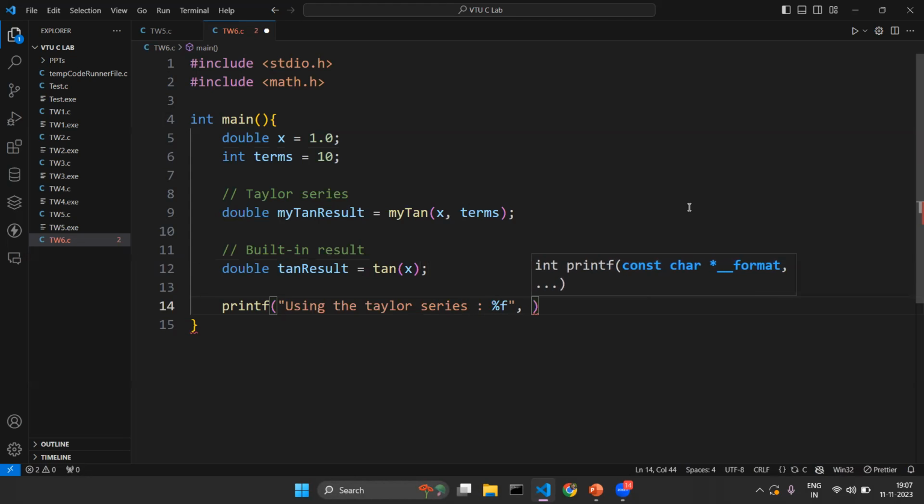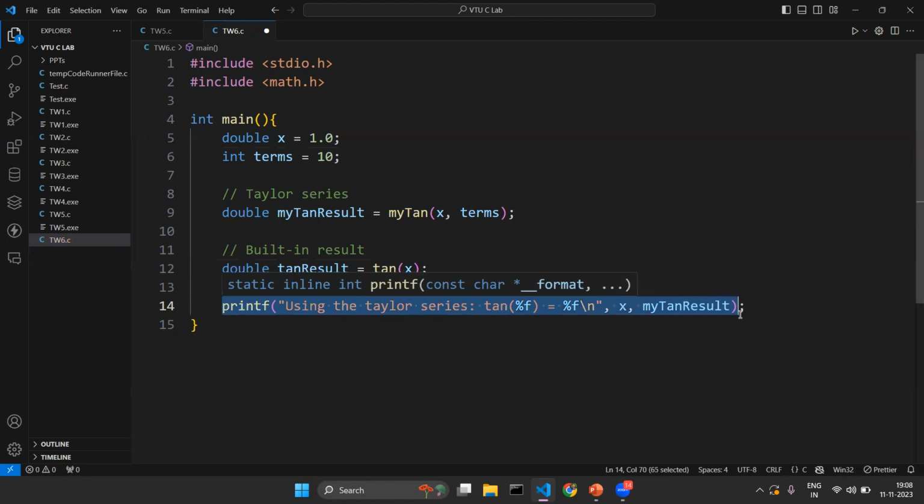We will have tan of percentage f equal to percentage f, and a new line character. Two variables which we need to print: first is x, next one is my tan result.